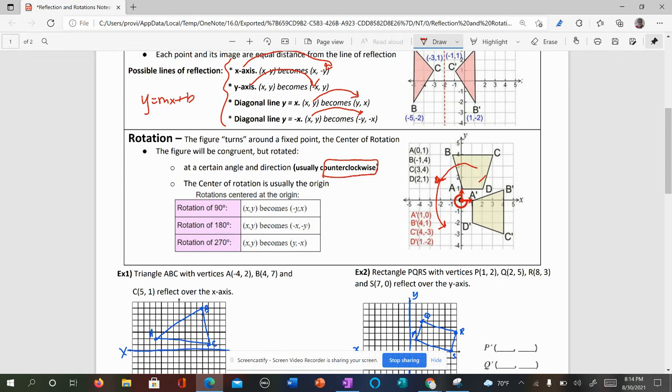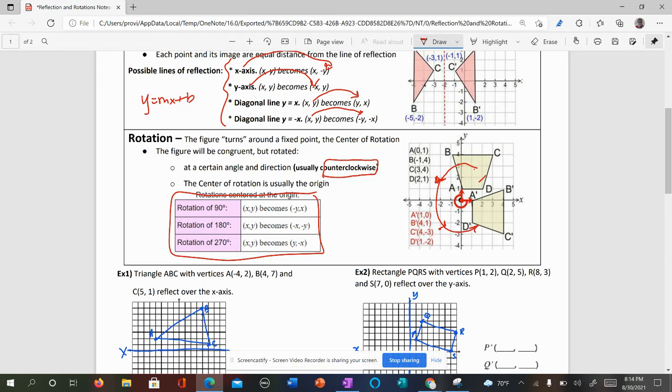Finally, if I take this first figure and rotate it 270 degrees, that's 90, 90, and 90, so it moves around three different quadrants and ends up in quadrant 4. This is very important and you need to memorize it.